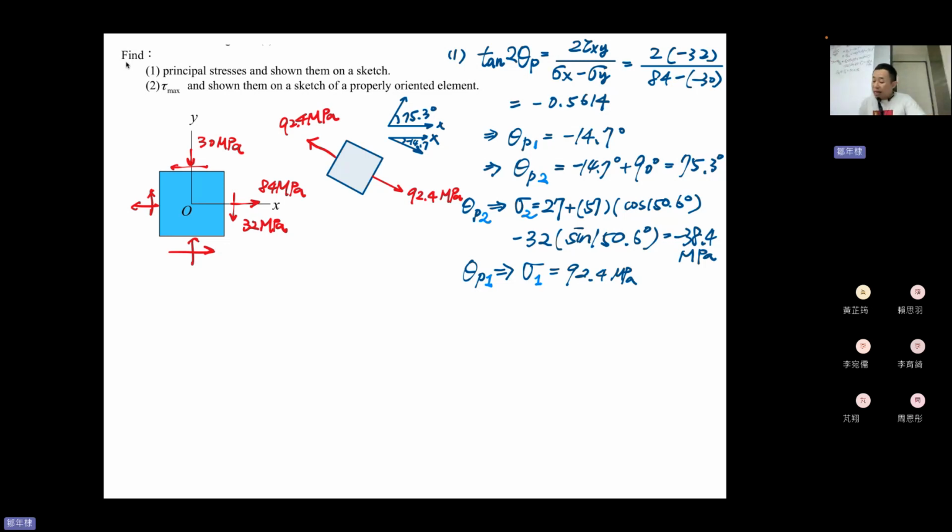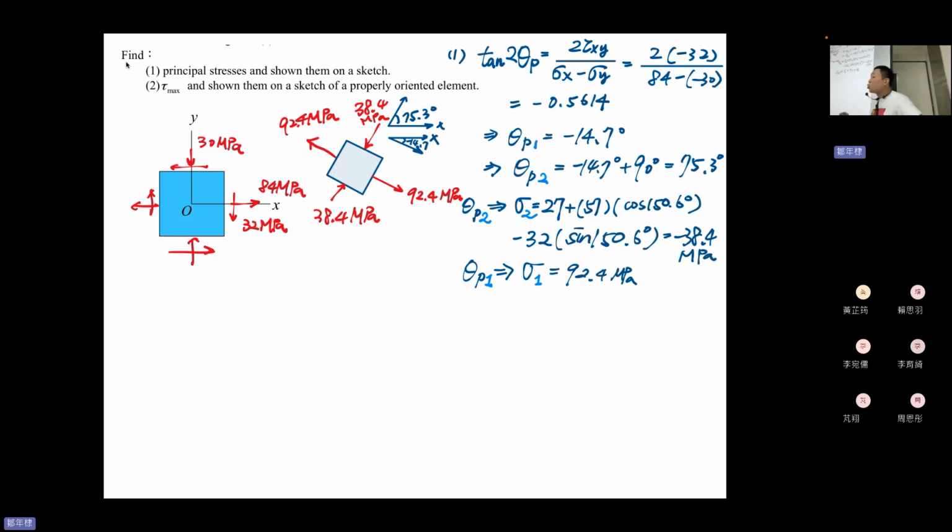Sigma 2 is minus 38.4, and this corresponds to 75.3 degrees. So this is compression, 38.4 MPa. Okay, so sigma 1, sigma 2, done.